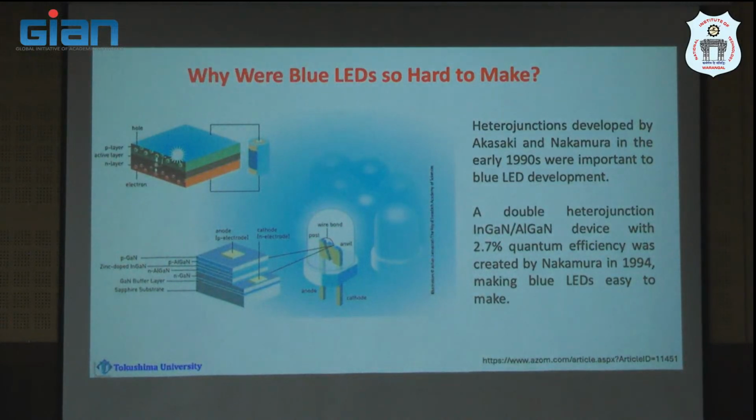How much more, we are going to see soon. He made that in 1994. That was the beginning of the LED era. After that, various combinations of LED were made, and it was easy to make the white LED.